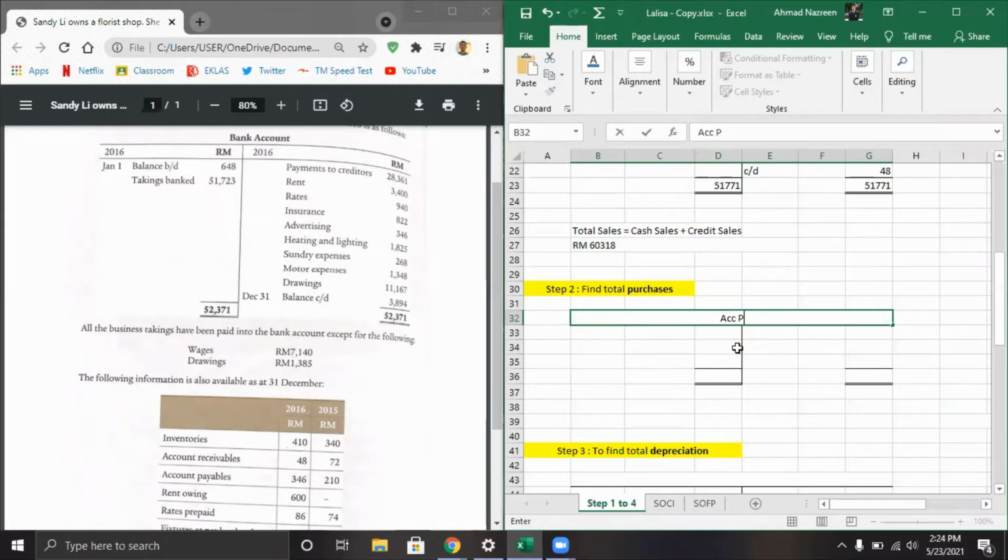Bank will be on the debit side, which is 28361, and the c/d balance also in the same line, which is 346.